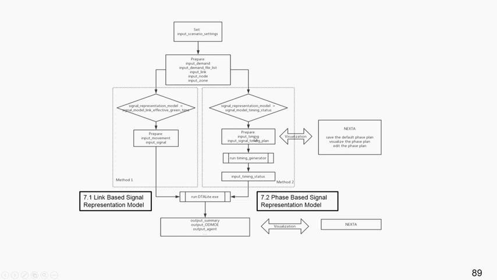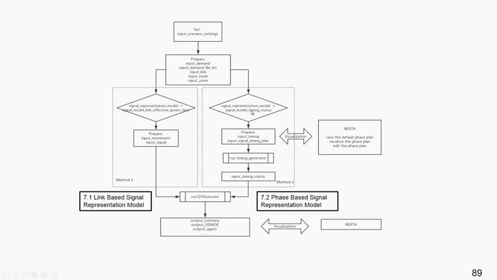These are 2 files you should have, and then you run the timing generator, which is produced by Professor Pengfei Li, and then currently is maintained by University of Maryland Lei Zhang's group, to generate the input timing status into the DTA-Lite. So for the input to DTA-Lite, for the signal representation, we have 2 methods. Method number 1, a link-based representation. So what we need here is input movement and input signal.